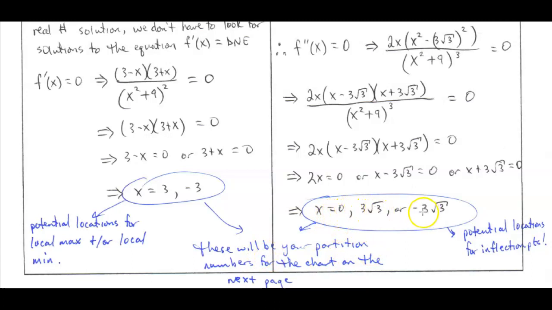X equals 0 and plus or minus square root of 3 are going to be the potential locations for inflection points. And all these numbers together will be used as what we call partition numbers, or numbers that we're going to use to break up the domain of our function. So we're going to look at that next.